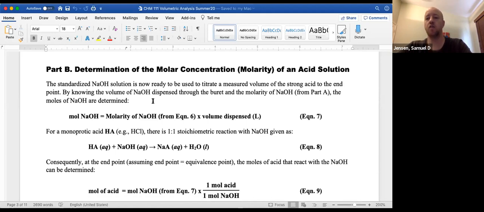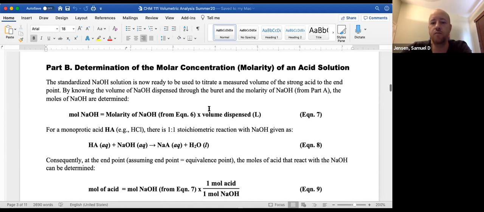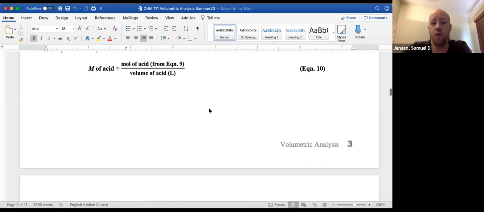So this is akin to other experiments that we've done where we don't know what the concentration is. In this case, we're not using a calibration curve. We're using another analytical technique, the titration. So in part B, we're determining the concentration of the HCl that we don't know.